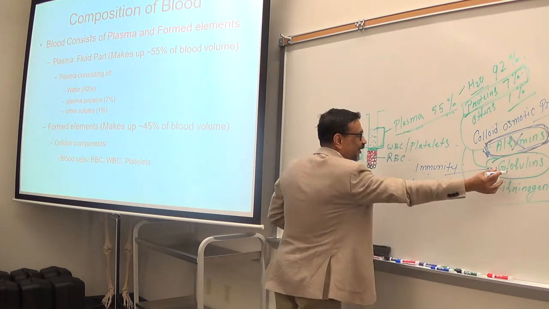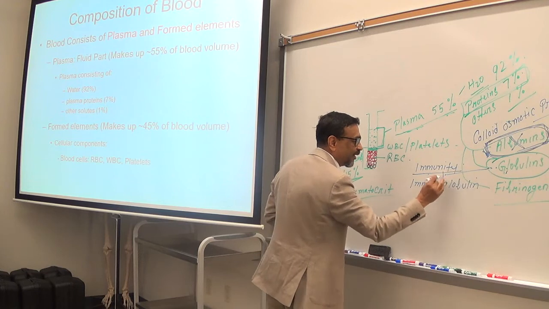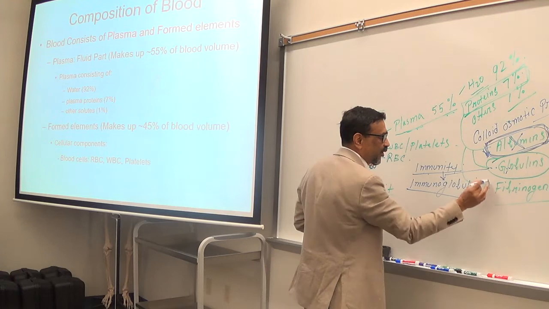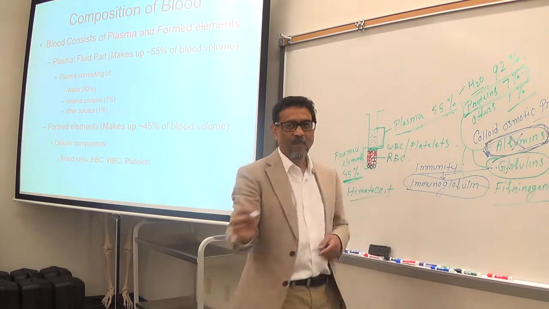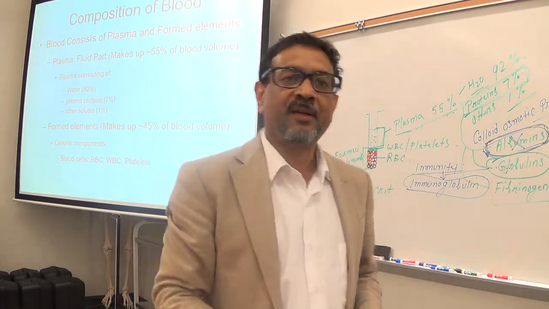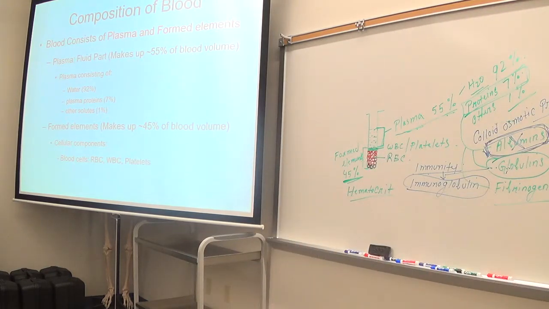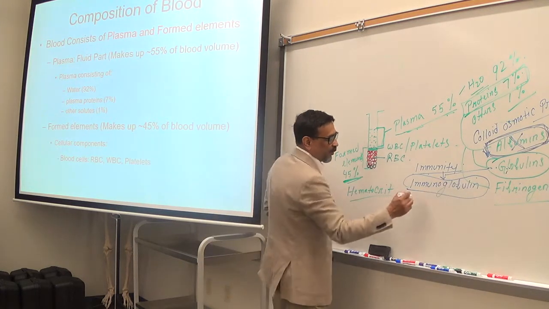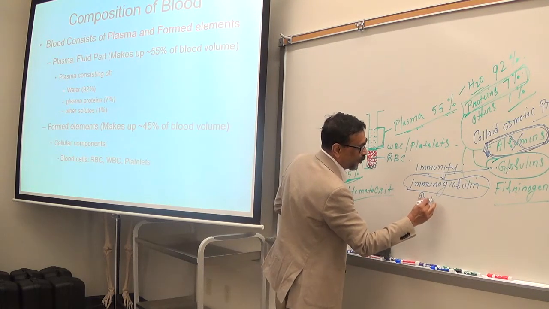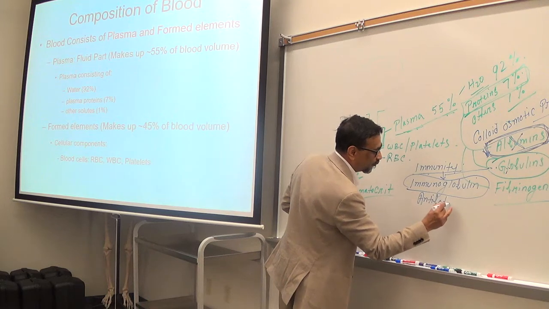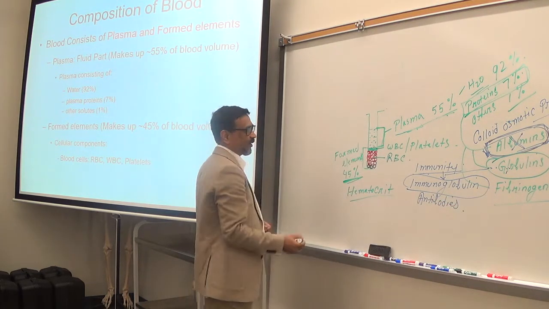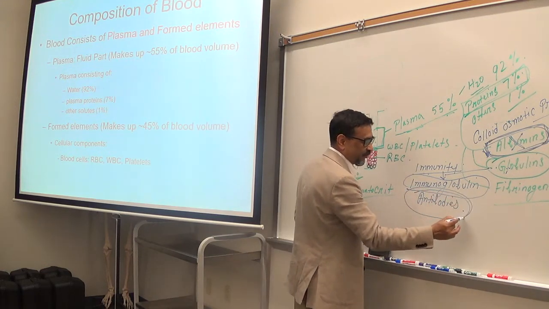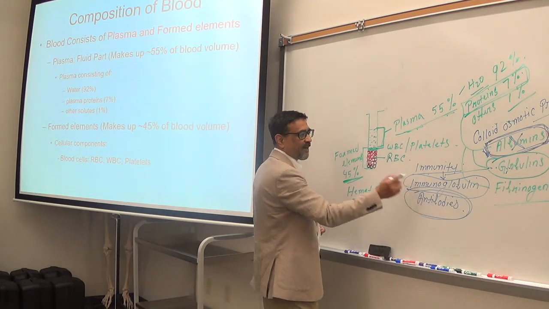Why? Because it gives immunity. That's why this type of globulin in the plasma is called immunoglobulin. It destroys the antigens. Okay? And immunoglobulins are actually antibodies. Remember I said antibodies and white blood cells give immunity, defensive function, so immunoglobulins are antibodies.